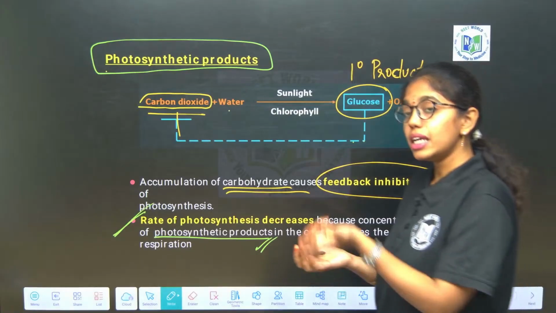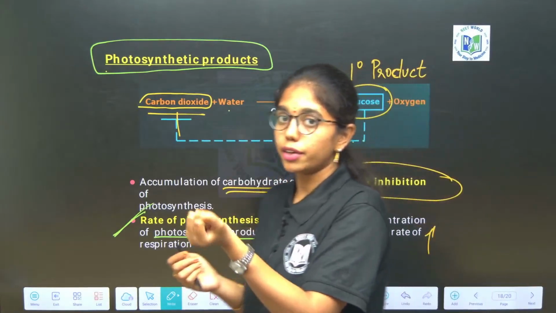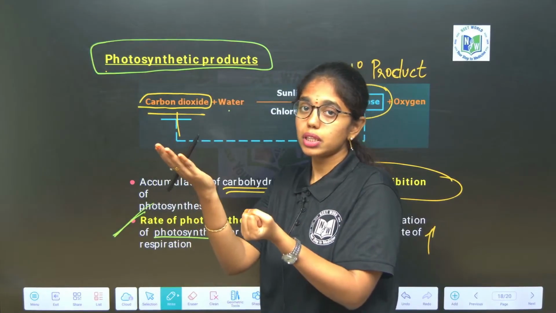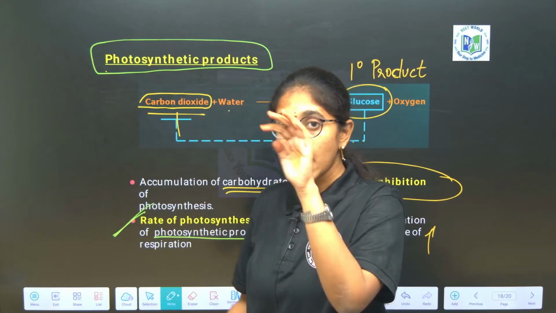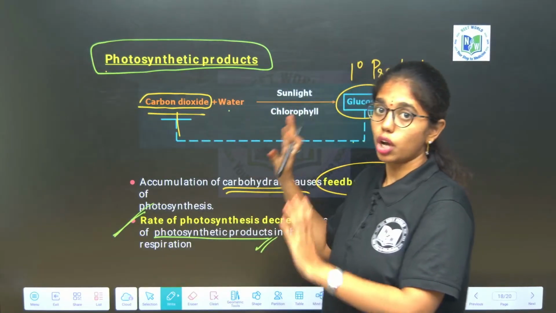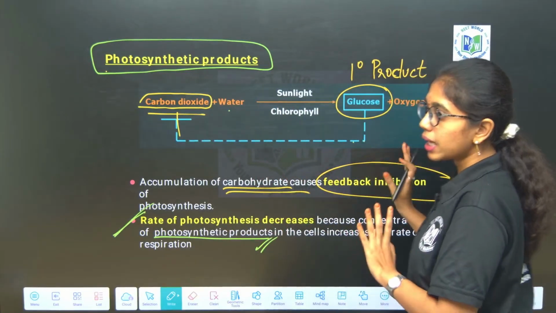So, increase in the glucose content or carbohydrates in a cell will increase the rate of respiration and decrease the rate of photosynthesis or carbon dioxide fixation or carbon assimilation. Clear till here, right?